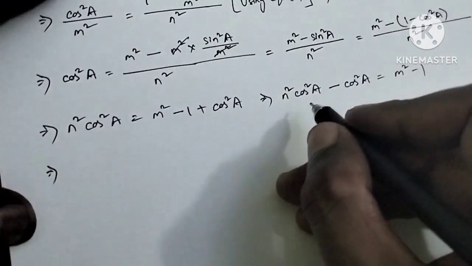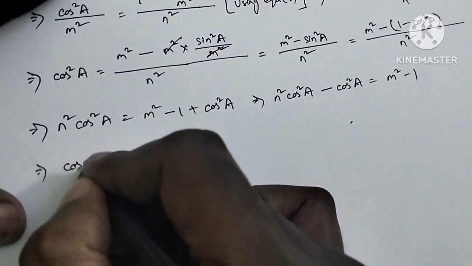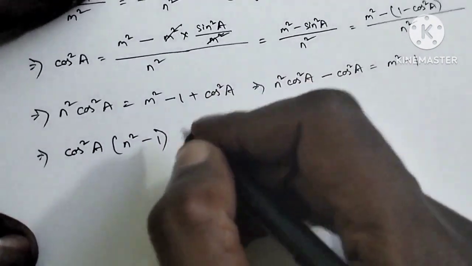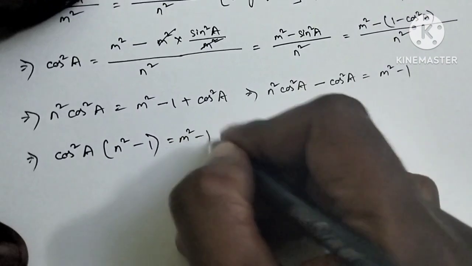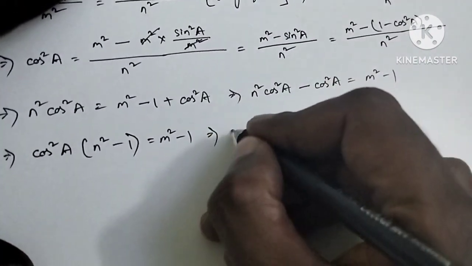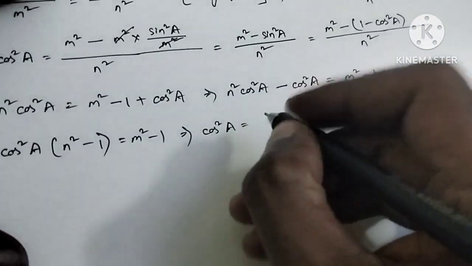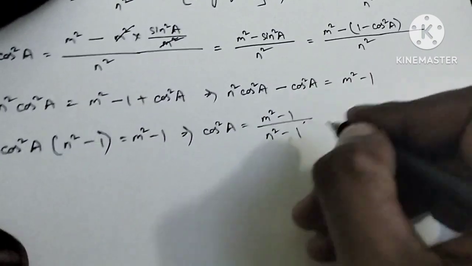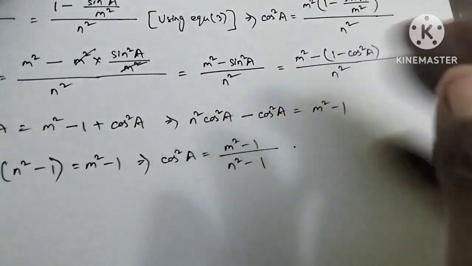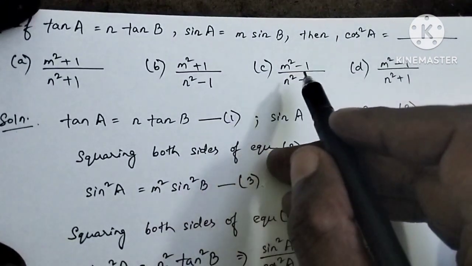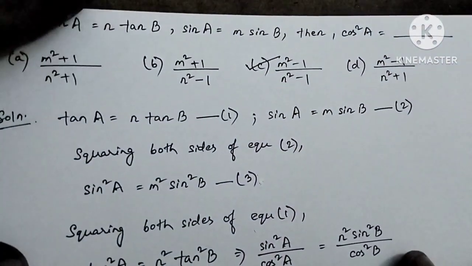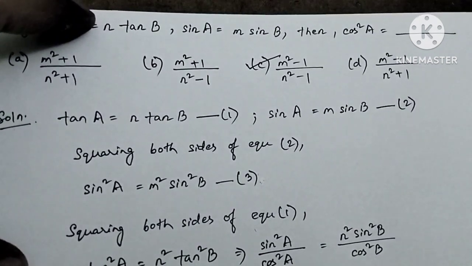So now cos square A we will take common, so n square minus 1, right, is equal to m square minus 1. So cos square A is coming as m square minus 1 by n square minus 1, right? So this is our answer. So m square minus 1 by n square minus 1, this option number C is the correct answer. Clear? Thanks for watching.